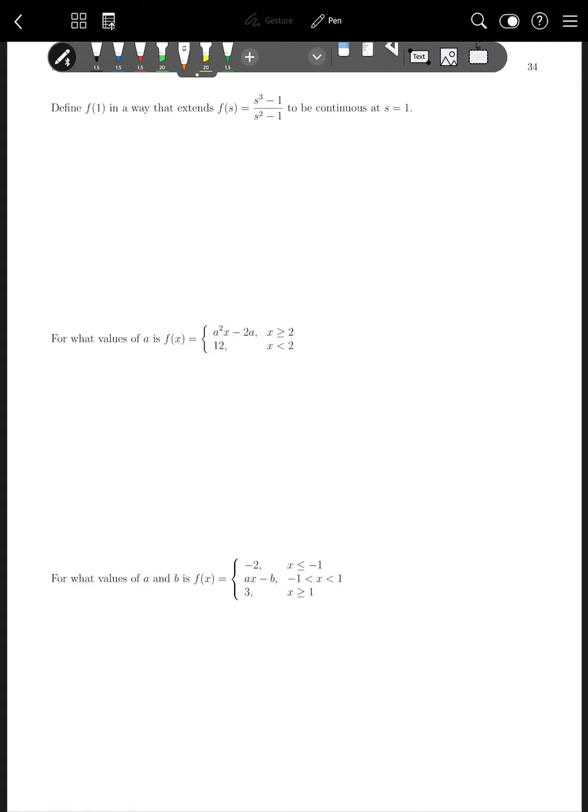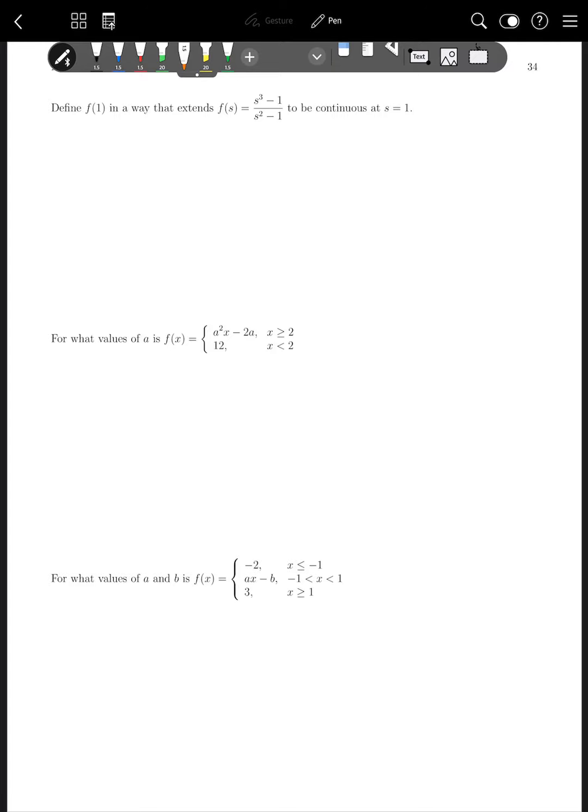So one of the other things we'd like to be able to do is make a function continuous and figure out when a function needs to be continuous. So in the first example, it says define f of 1 in a way that extends f of s equals s cubed minus 1 over s squared minus 1 to be continuous at x equals 1.